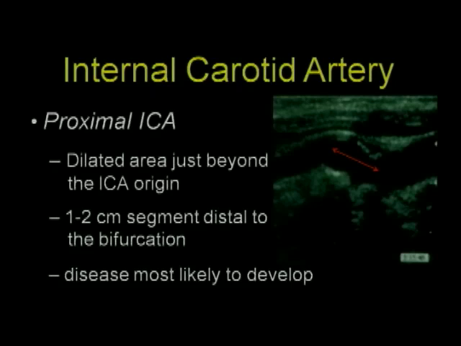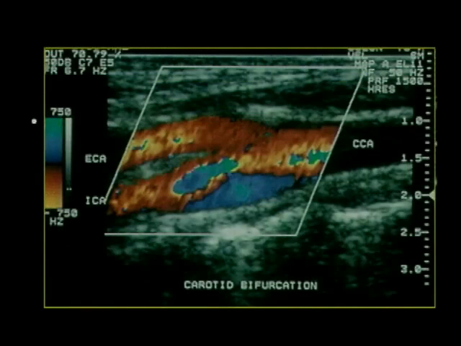All of the criteria, again, was validated for use and assessment of plaque at the origin of the internal carotid artery. Another thing to keep in mind is that the criteria is only good in the presence of a plaque. So the presence of elevated velocities alone does not mean that you have stenosis. The criteria is used for the origin of the internal carotid artery where you see a plaque.